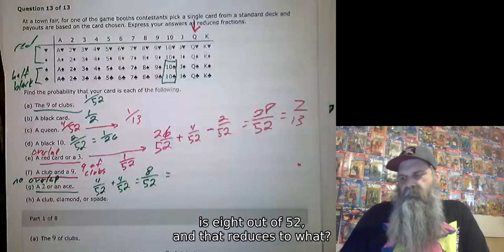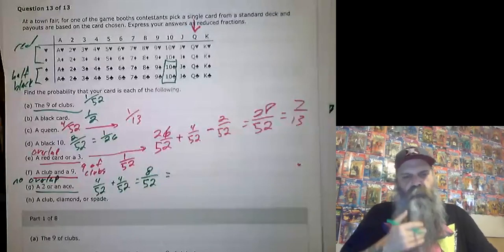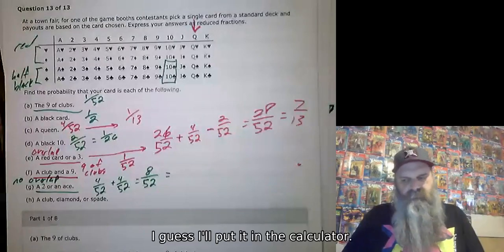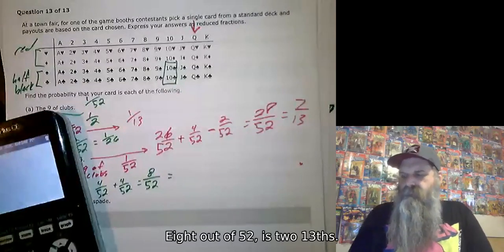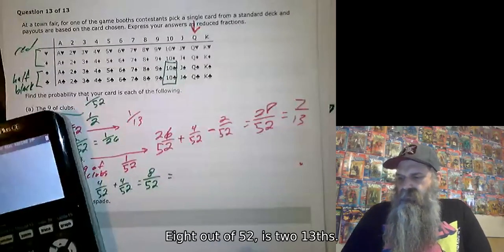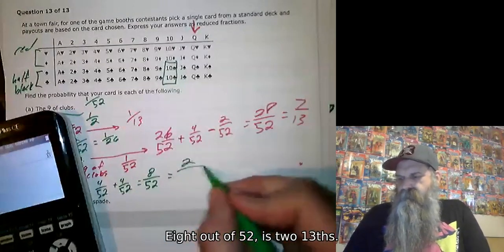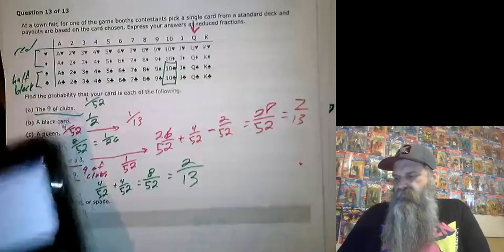And that reduces to what? So I'll put it in the calculator. 8 out of 52 is 2/13.